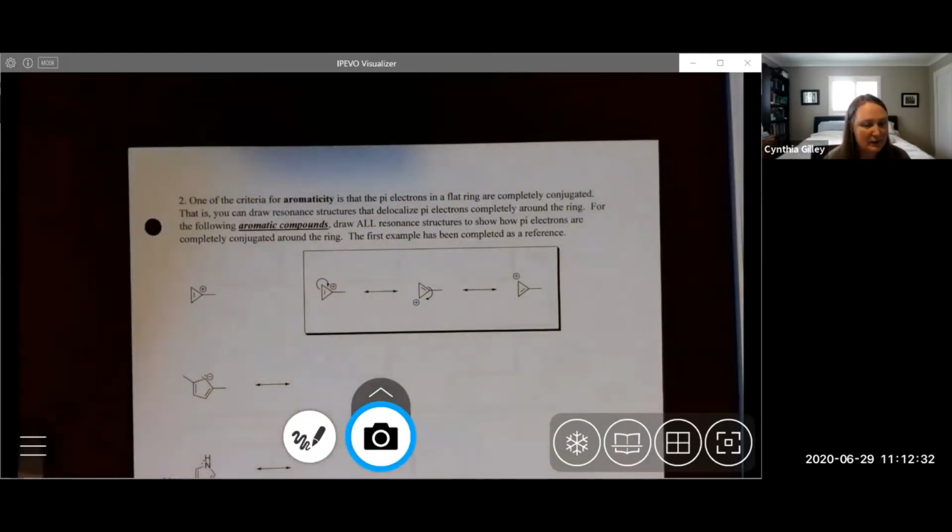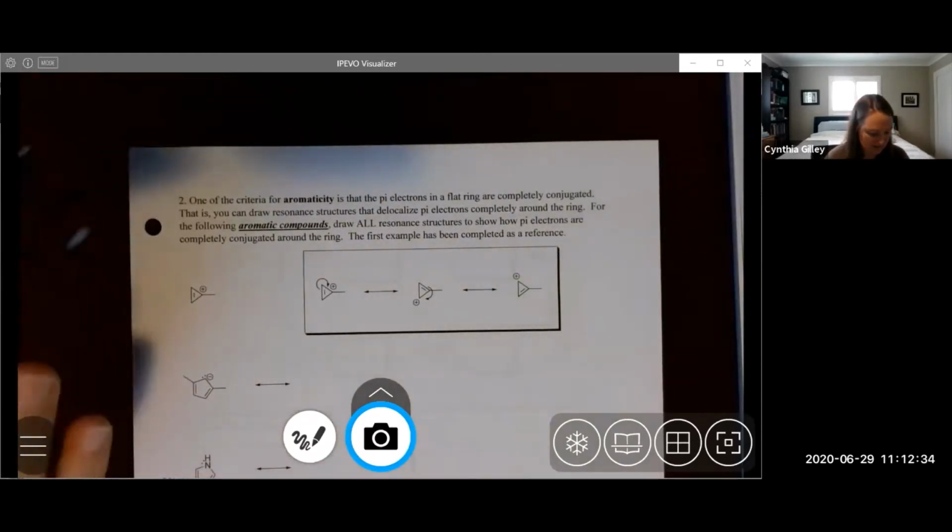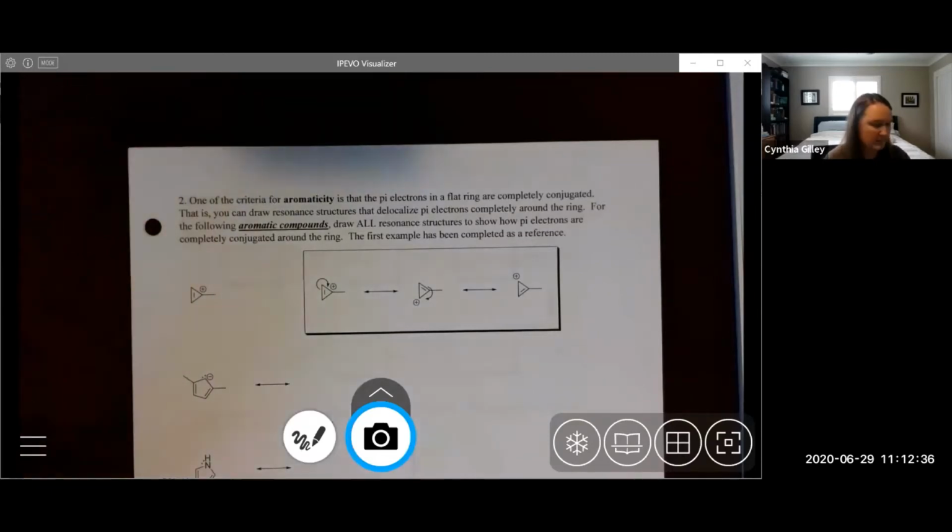Okay, so for aromaticity, there's lots going on. We'll see lots of examples next time. But one of the requirements for something to be aromatic is that it has to have a p orbital all the way around the ring and the molecule has to be planar such that those p orbitals will all overlap.